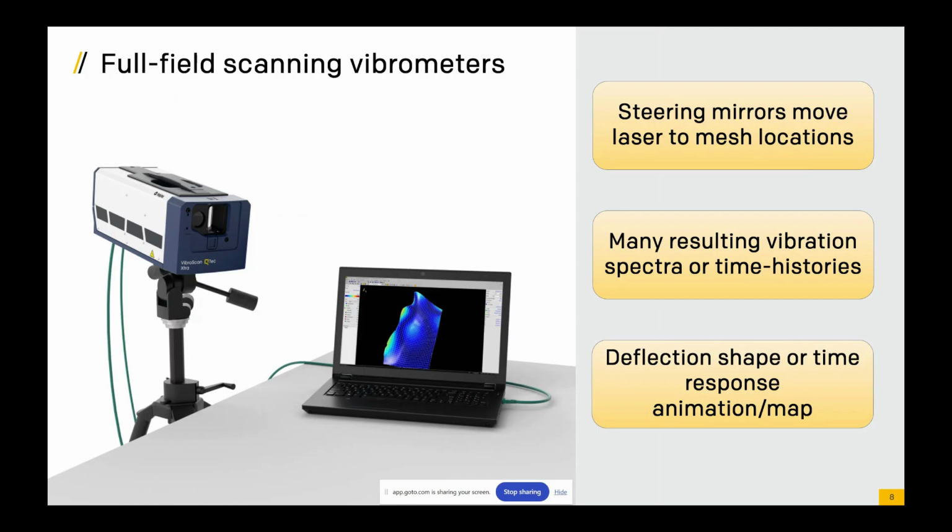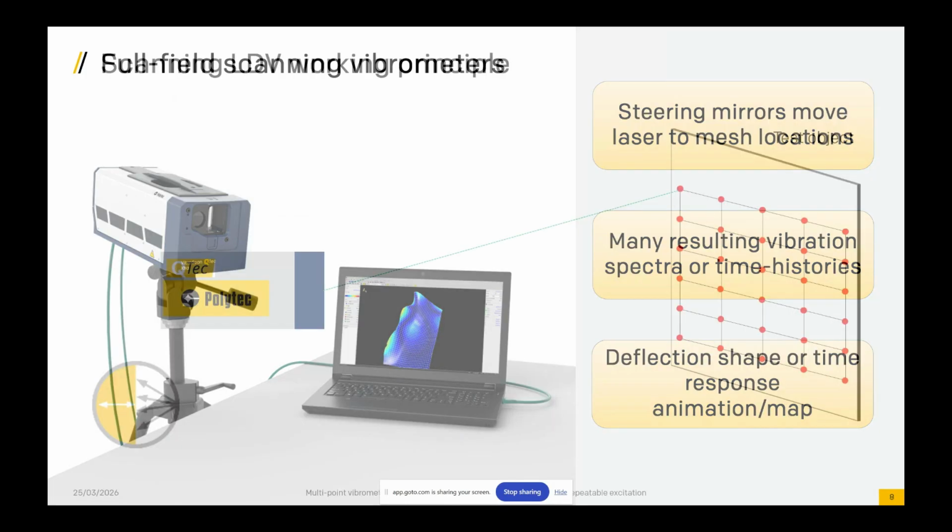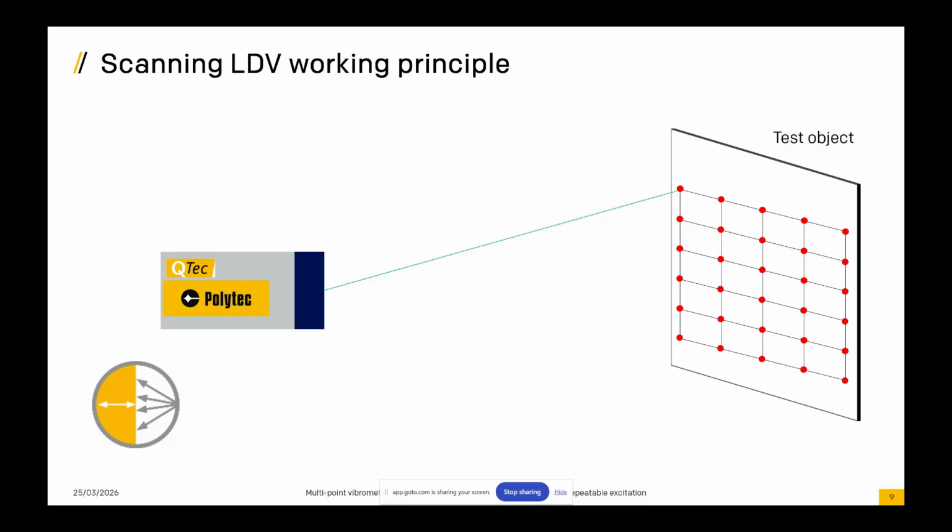We can look at the resulting deflection shapes, compare them to modes, maybe, or we can also look at the time domain to see things like wave propagation through material.